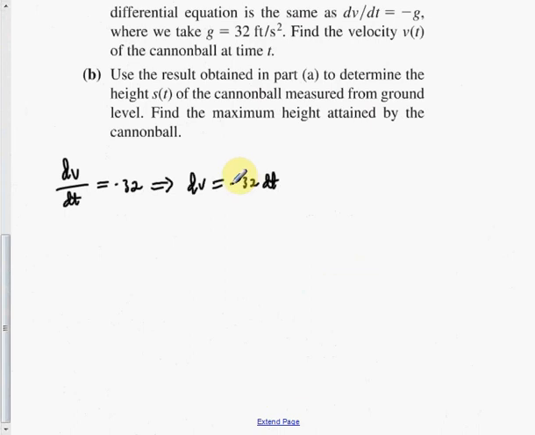Integrate both sides, and this implies that the integral of dv is equal to negative 32 times the integral of dt. So I get v equal to negative 32t plus a constant. The constant is the initial velocity.